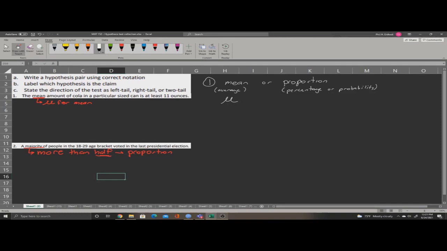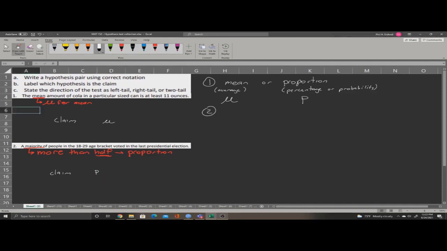And then if we have a proportion or probability, we use the letter little p. So, for problem 1, the claim will begin with mu. For problem 2, it will begin with little p.